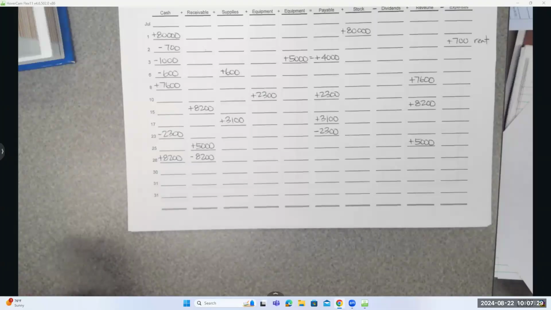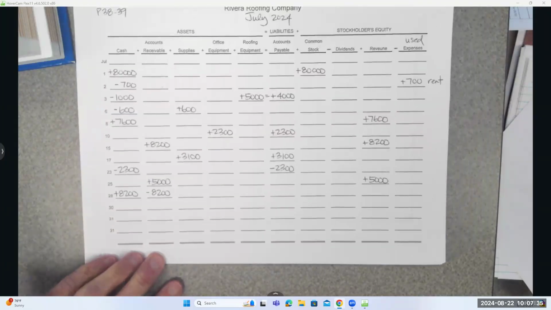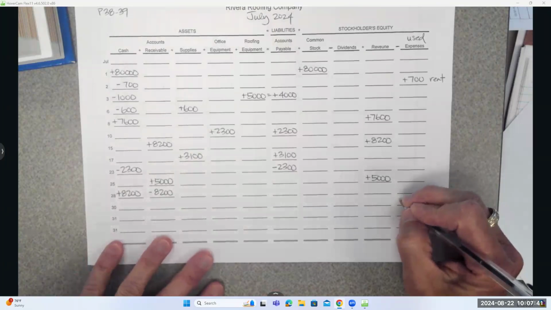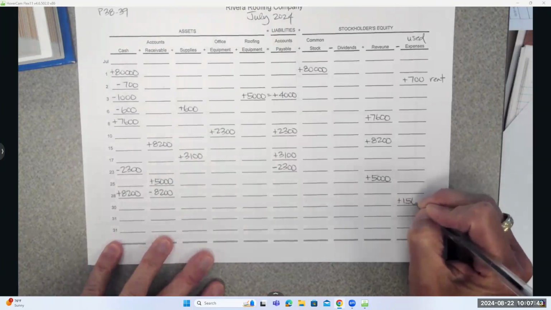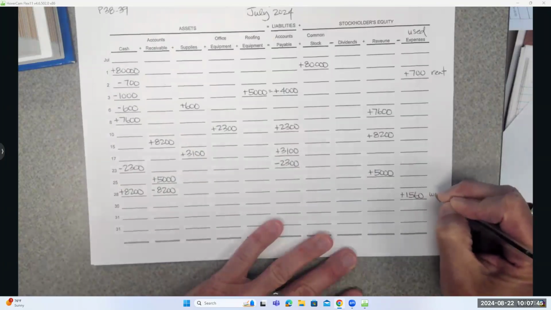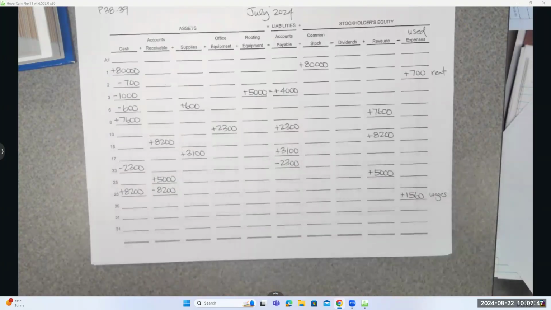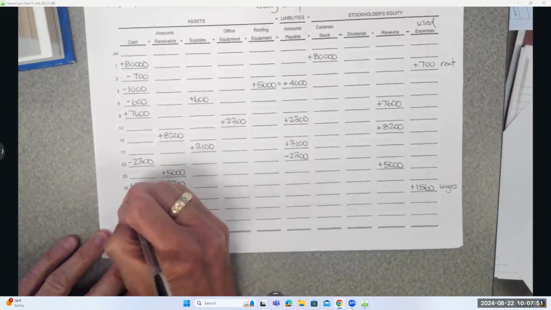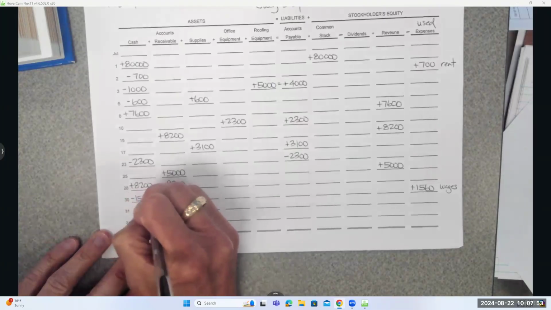We paid an assistant's salary of $1,560 cash for the month. So we had an assistant whose time we are paying for helping us out in July. So that is an expense. And we paid, so it's minus cash.